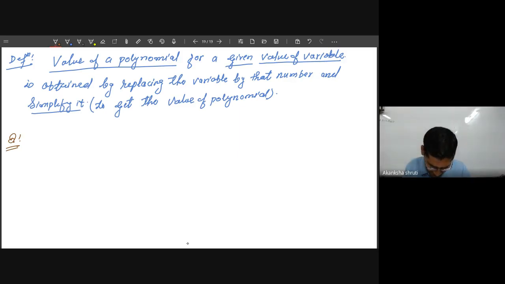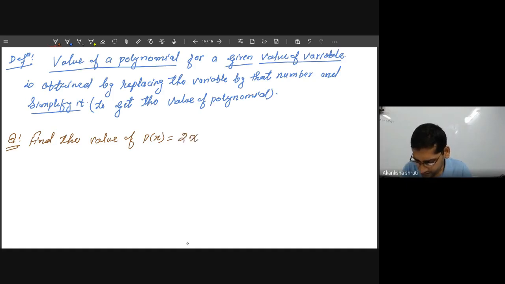So write down the question. Find the value of p(x), the polynomial you are given, say 2x square minus x minus 3, for different values of x.